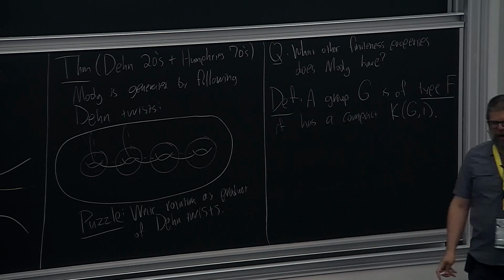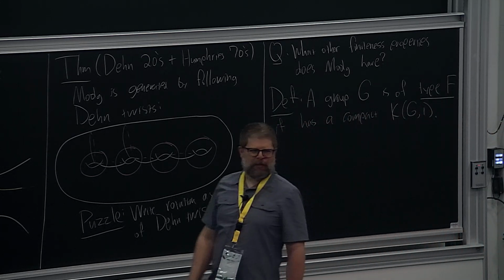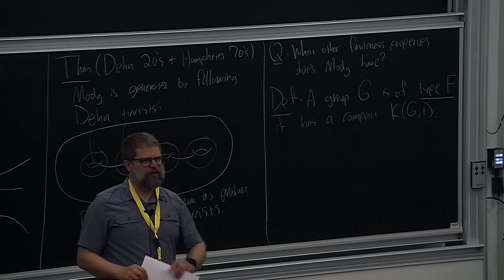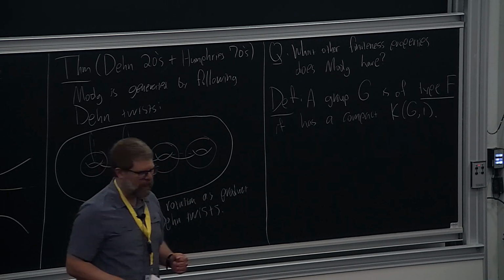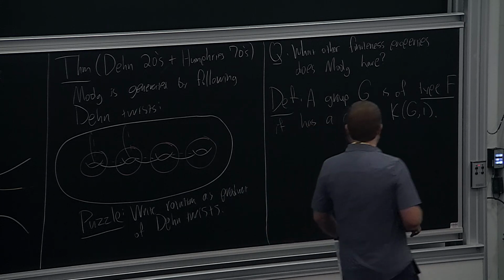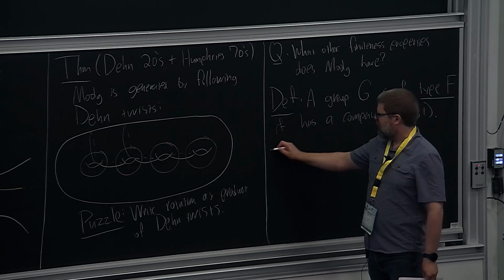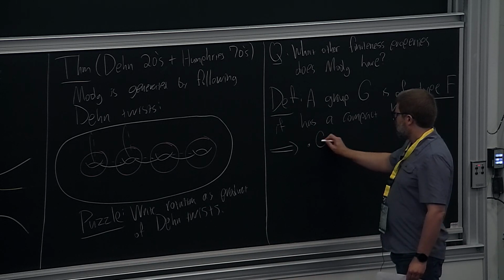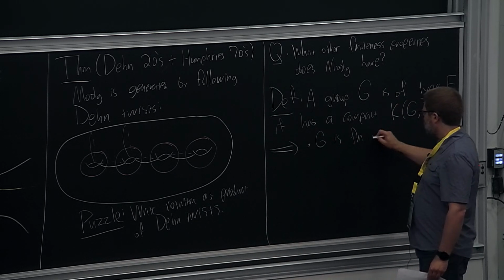A K(G,1) for me is always a CW complex. So there's a compact CW complex whose fundamental group is G and whose universal cover is contractible. Okay, a classifying space for G. So this implies many things. This implies first that G is finitely presented.